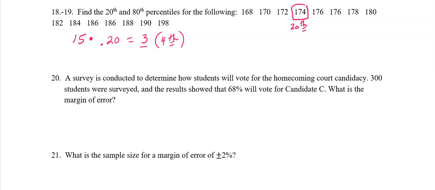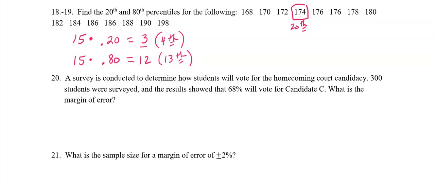All right, and then for the 80th, we do the same thing. We take the number of terms and we multiply by 80%, and that's 12. So I'm looking for the score. Maybe these are bowling scores. I'm looking for the bowling score that's better, the first one that's better than the previous 12, which in other words is talking about the 13th. And again, it's important that they're in order.